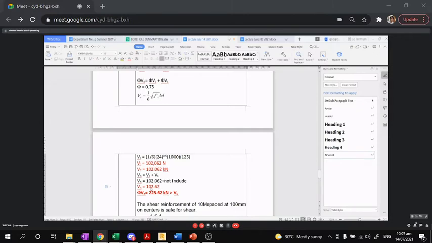102.62 kilonewton. Now, you multiply it by 0.75. This will become 0.75 times 102.62. That's big. If PBN is equal to 79.65 kN.